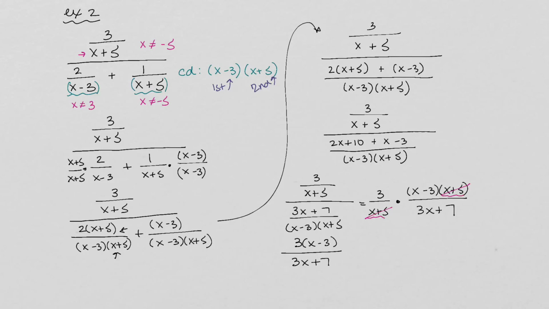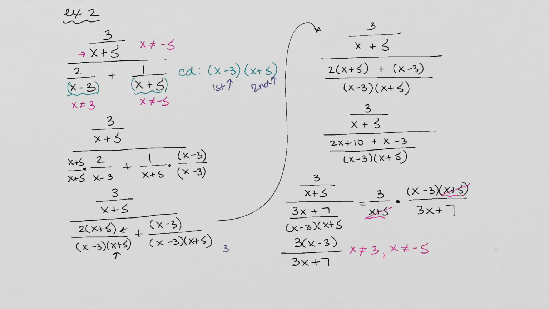Now, I need to include my domain restrictions. So from the beginning, I know that x cannot be 3 and that x cannot be negative 5. But then I also need to consider the denominator at the end of my problem, which is 3x plus 7.